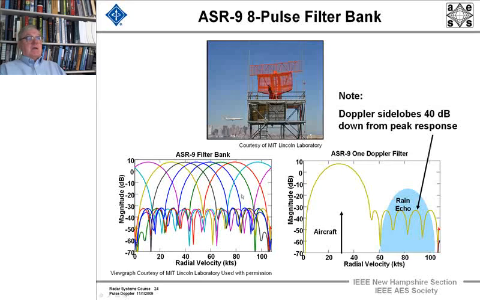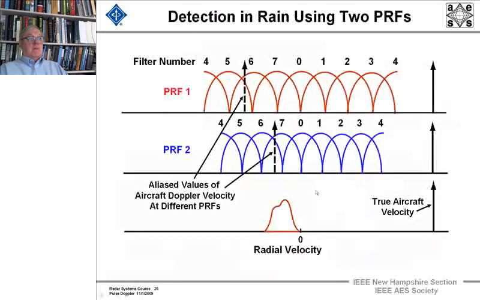And having a whole bank of filters like that gives you the opportunity for the aircraft, not only if they're from 0 to 100 knots, but to keep aliasing down. And in one of the two cases, you'll probably alias into a filter. The odds are very high that it will be within the pass band of one of the filters. And this is how the trick works.